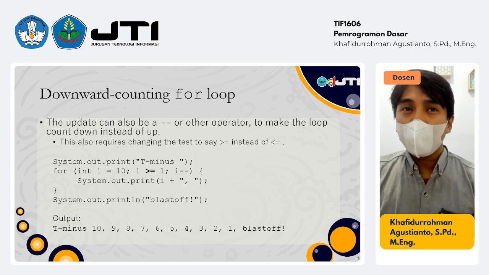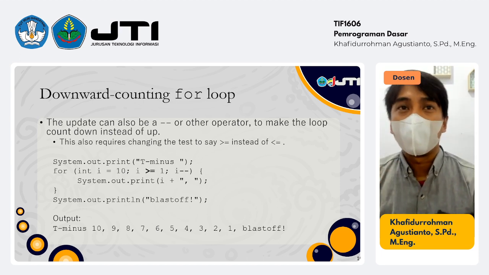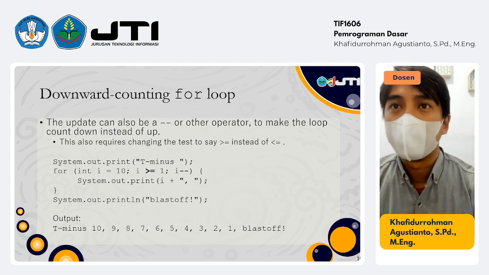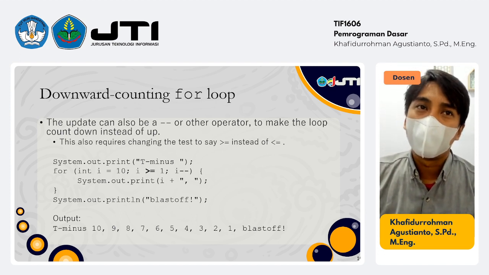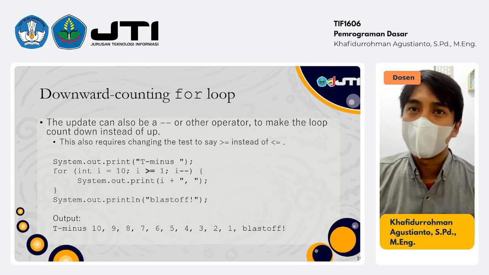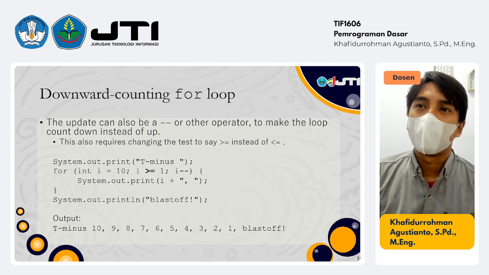Then the update can also be another operator to make the loop count down instead of up. They also require checking the test to say bigger or equal instead of lower than or equal.